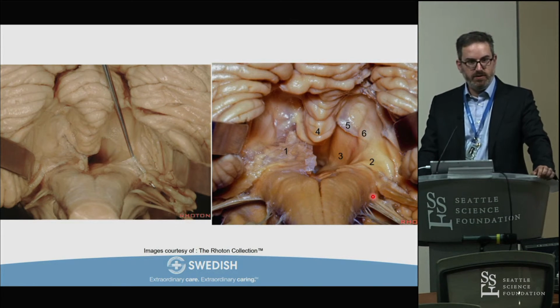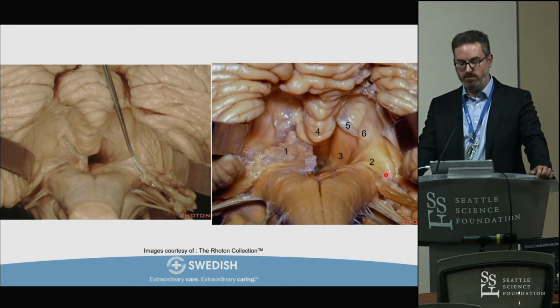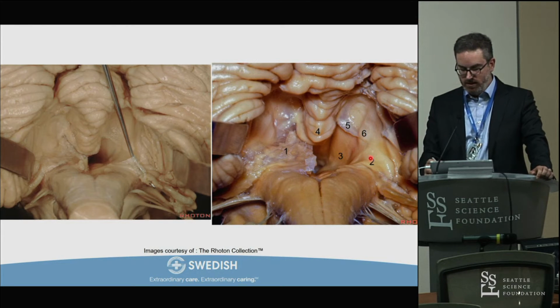Anybody know what number 2 is? I gave you a little clue. We've now exposed the lateral recess of the fourth ventricle, and this is sitting over a colliculus in the lateral recess. Anybody? So that's your dorsal cochlear mass, the dorsal cochlear colliculus.